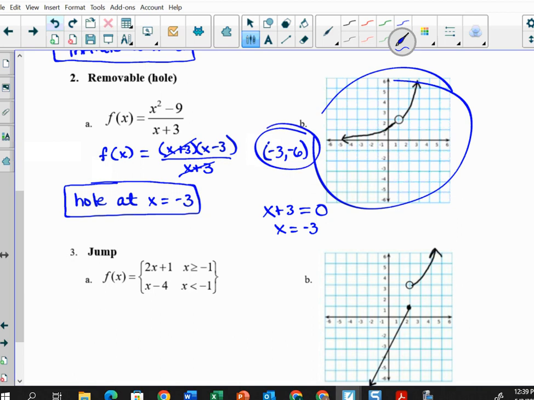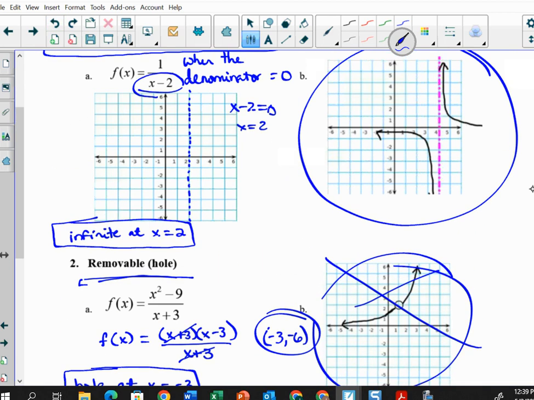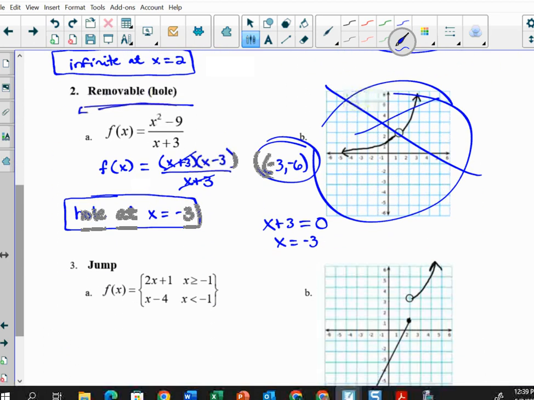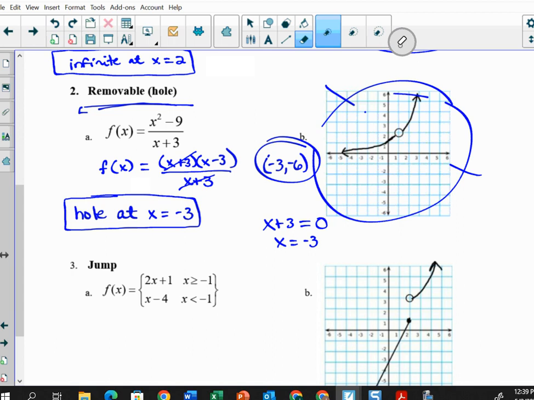This graph has nothing to do with this equation. They are not the same. Just like the one up here, those asymptotes didn't match up. It's like, here's a picture of what it looks like, and then here's algebraically what it looks like. Okay? So other than them not matching, are you okay? Okay. All right, let's look at a jump.